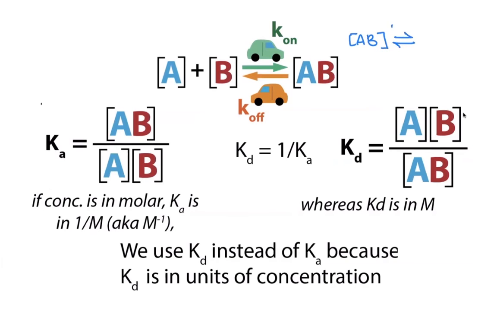Now we have something that looks more like this, and we can write that equilibrium constant just like we did before. But here we're going to have our binding partners, the unbound versions, on the top and the bound version on the bottom. And so this is how we get to the KD. This is going to be the equilibrium constant for unbinding.